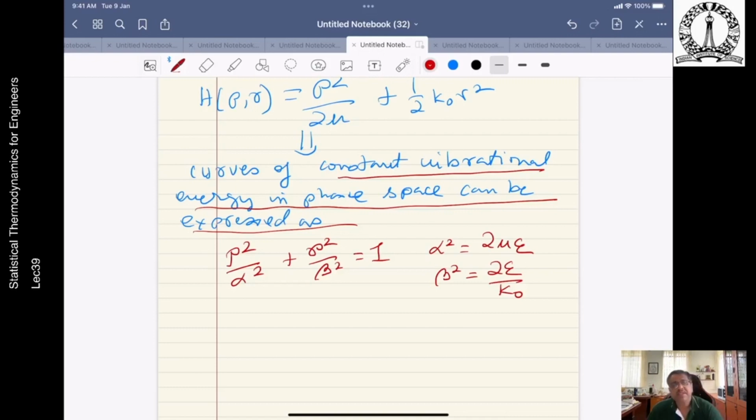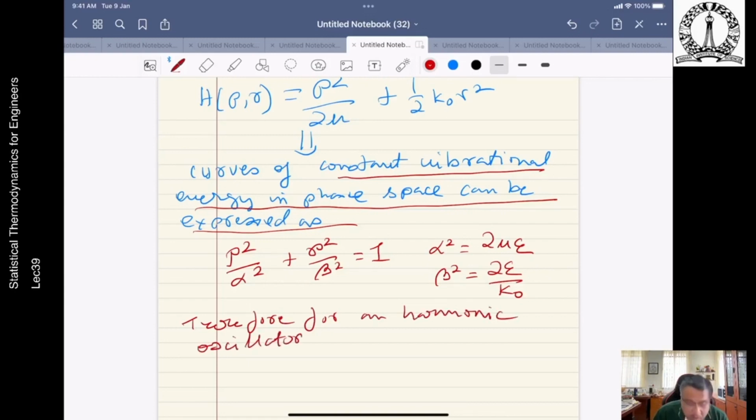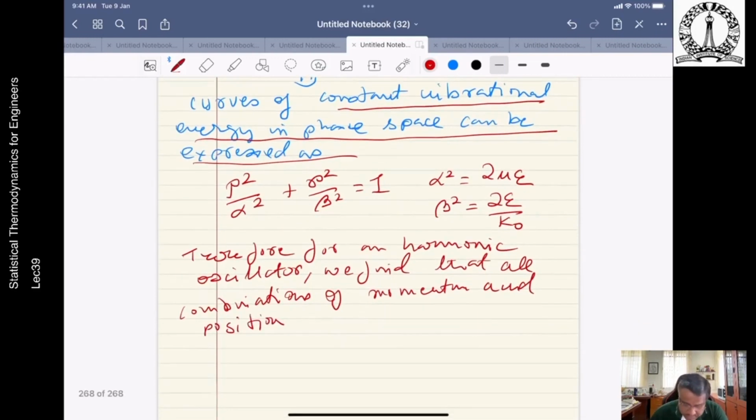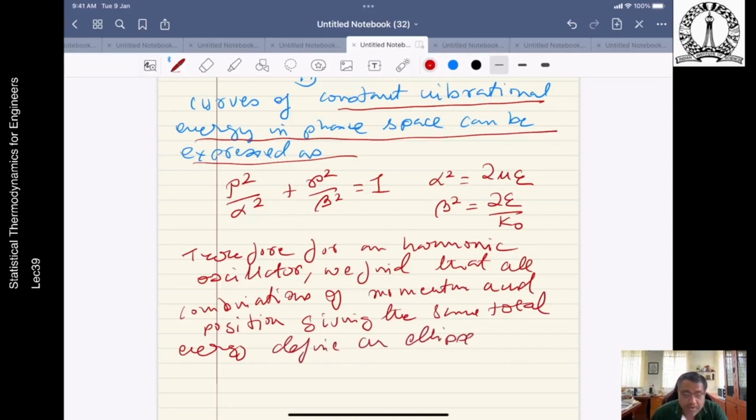So for a harmonic oscillator, we find that all combinations of momentum and position giving the same total energy define an ellipse in phase space.